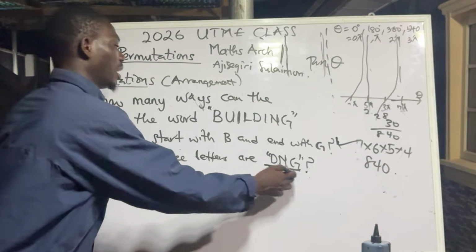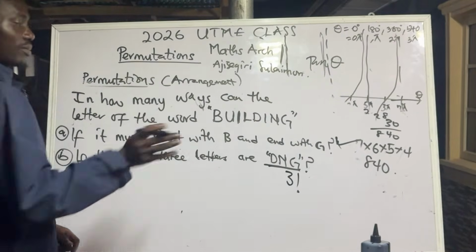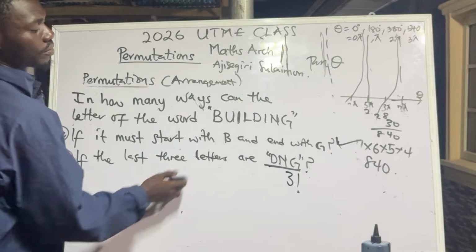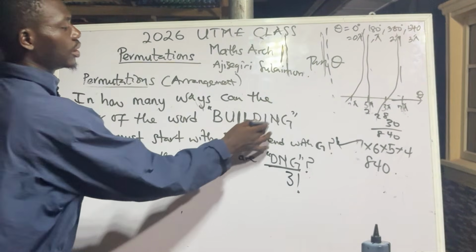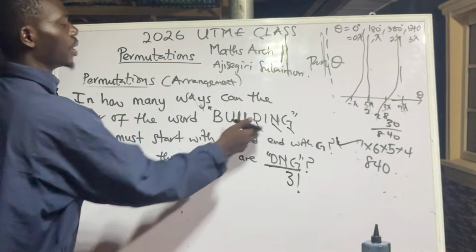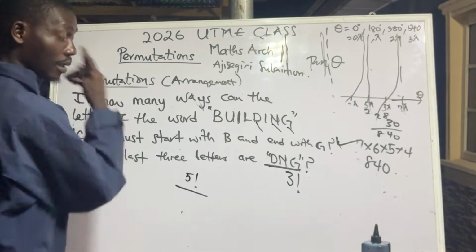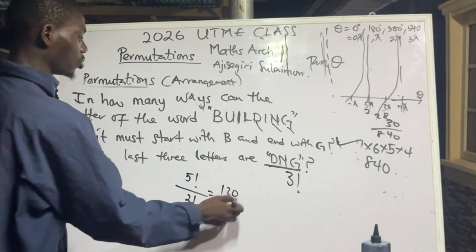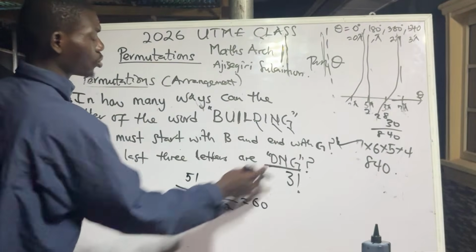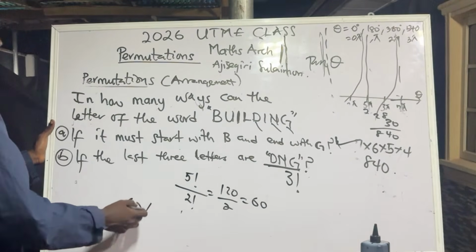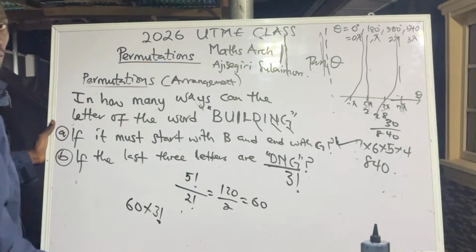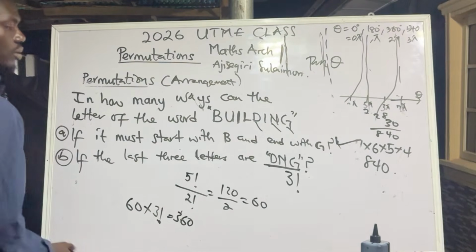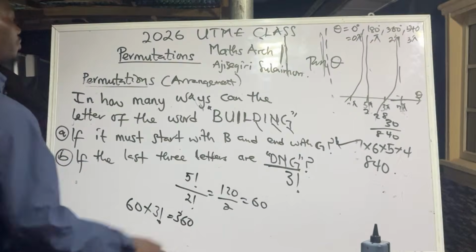So you may have that one to be 3 factorial, but let's leave that case out of this. So we'll have how many letters to arrange, taking out D, N, and G? We'll have 1, 2, 3, 4, 5. That'll be 5 factorial over, I is being repeated, 2 factorial. 5 factorial is 120 over 2, and that was 60. But I think this one also should be arranged. That would have been 60 multiplied by 3 factorial. And that's 6 times this, that would be 360 as well. Okay? Okay, moving on.